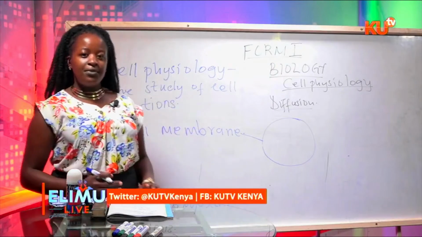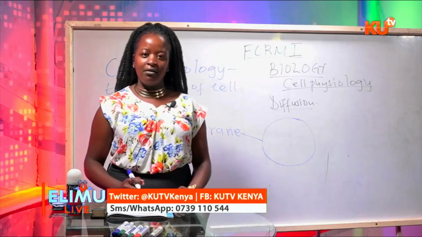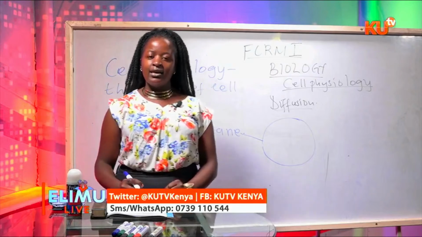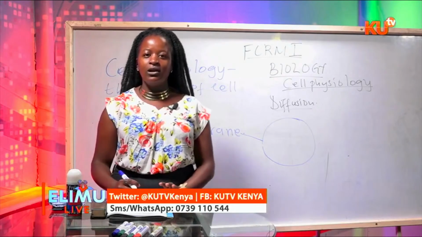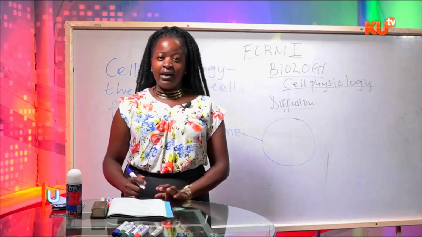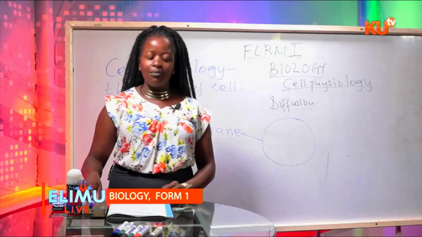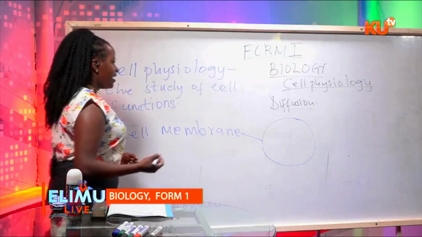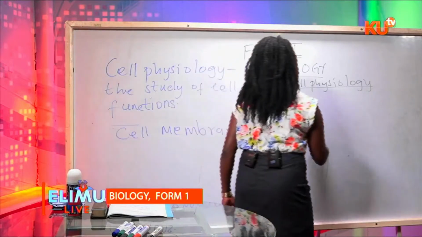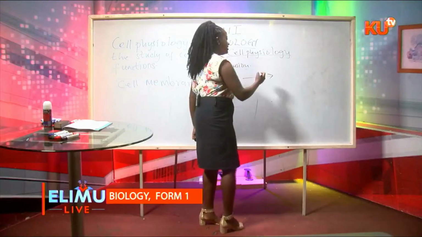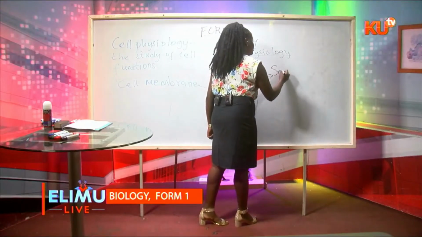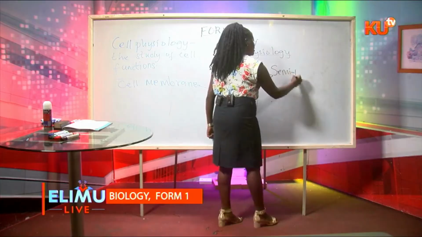The cell membrane has various properties. These properties are also called characteristics, and it has three main characteristics, which I'm going to list down. The first characteristic of the cell membrane is that it is semipermeable.